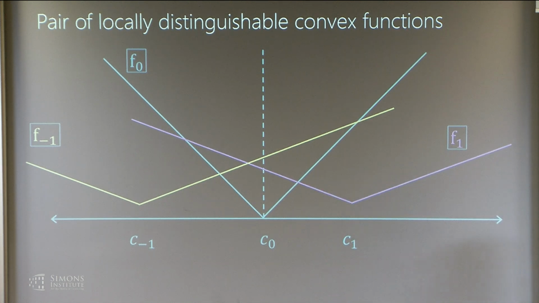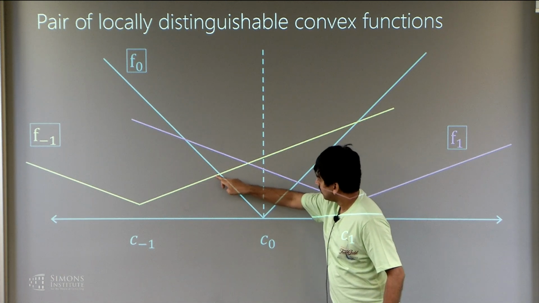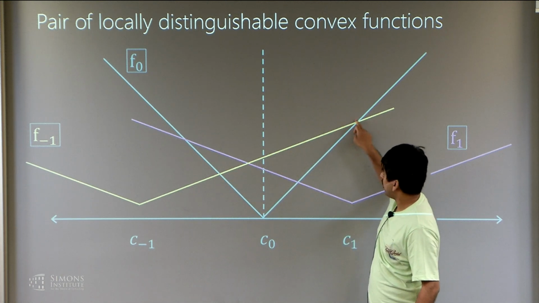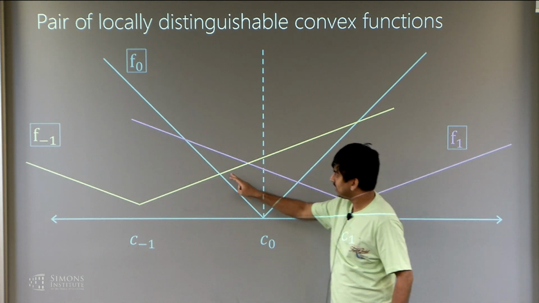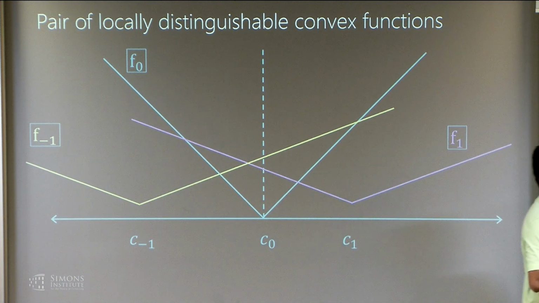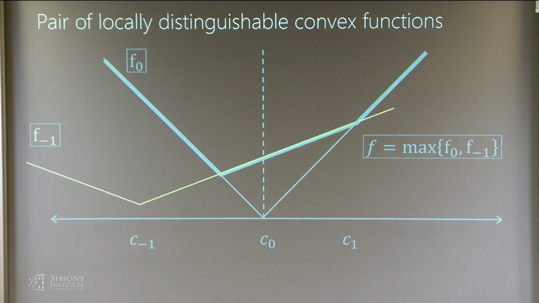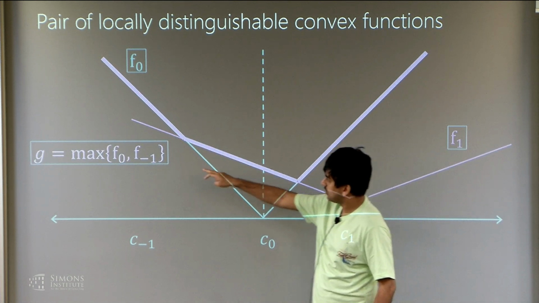We know that the max of two convex functions is always a convex function. So now once I do this, in this regime the yellow function dominates over the blue function, but outside this regime the blue function starts dominating. Right? So now my function construction would be basically, the first function would be the max of f0 and f minus 1.